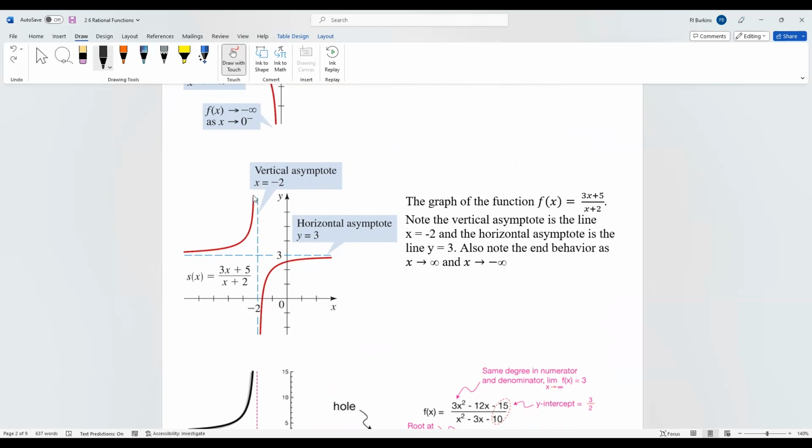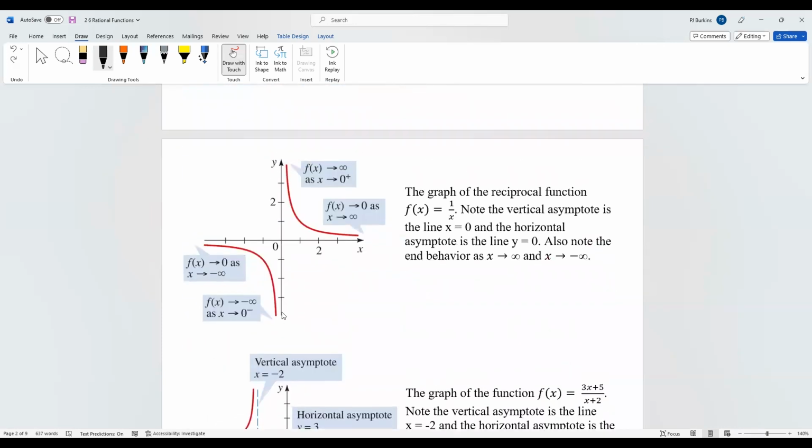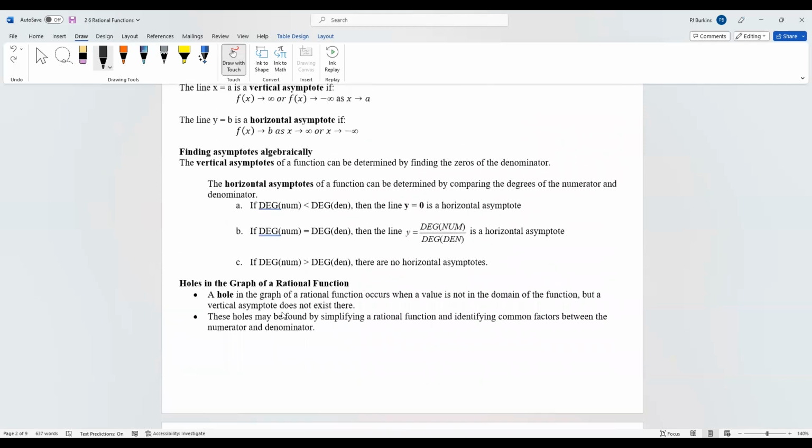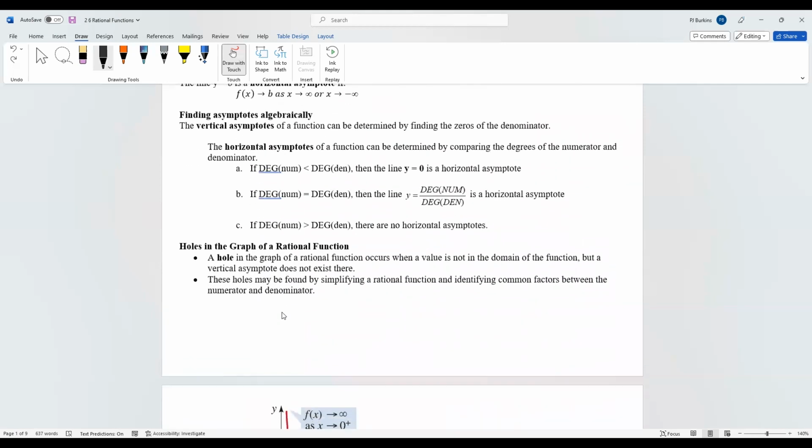And on the left-hand side, as x goes off towards negative infinity, or as far as we can look to the left, the function is still approaching y equals 3. However, it never touches that line. That is why this is called an asymptote. Okay.